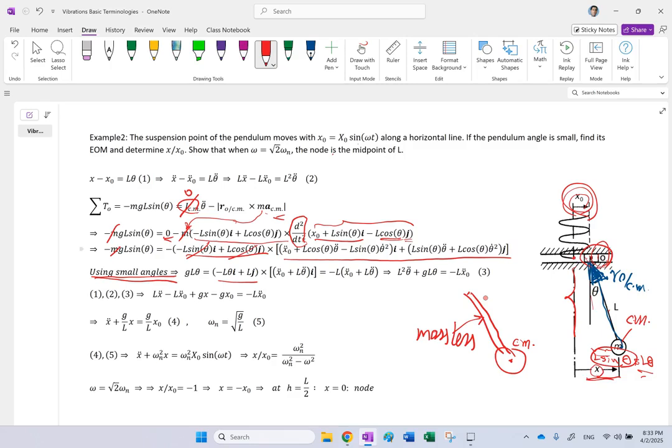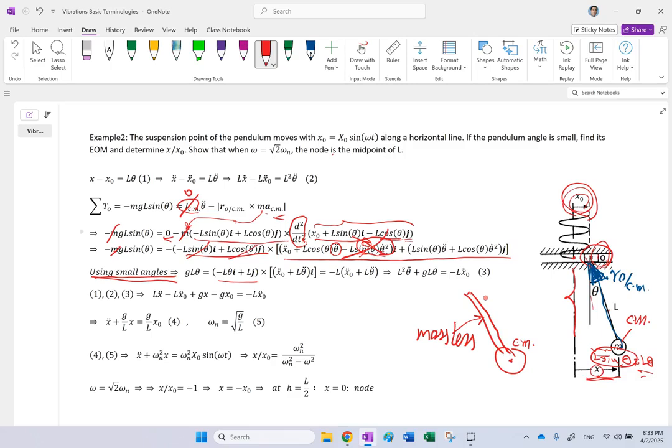For instance, here, look, this is a theta, and this is a theta dot. When theta is small, theta dot is also small. So here, this is 3 small terms multiplied together. That is much smaller than this single small term. So that term I neglect compared to everything else.